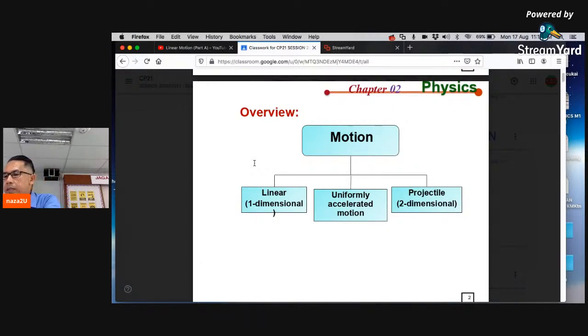Boleh nampak skrin dan dengar suara? Okey, boleh nampak skrin dan dengar suara sudah, saya rasa, because tadi ada saya tidak tertekan apa?